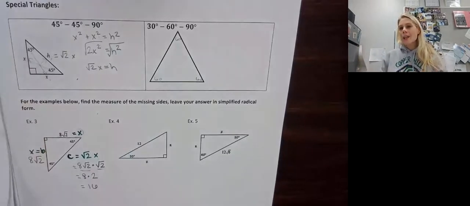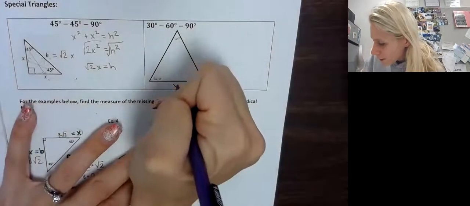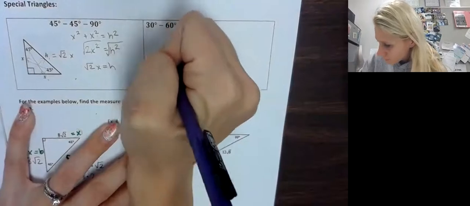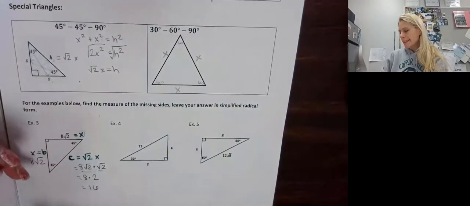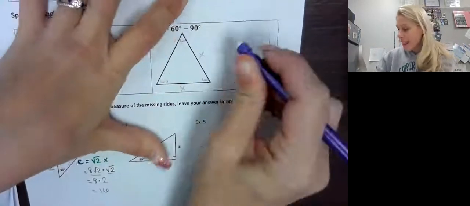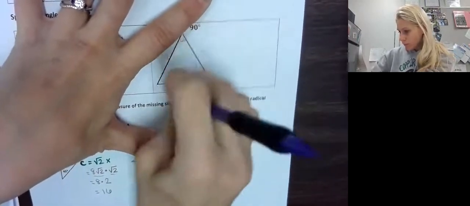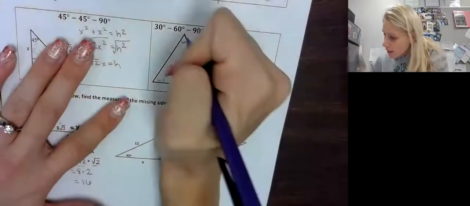So if all the angles are the same, so are the sides. I want you to think of all the sides as the same.